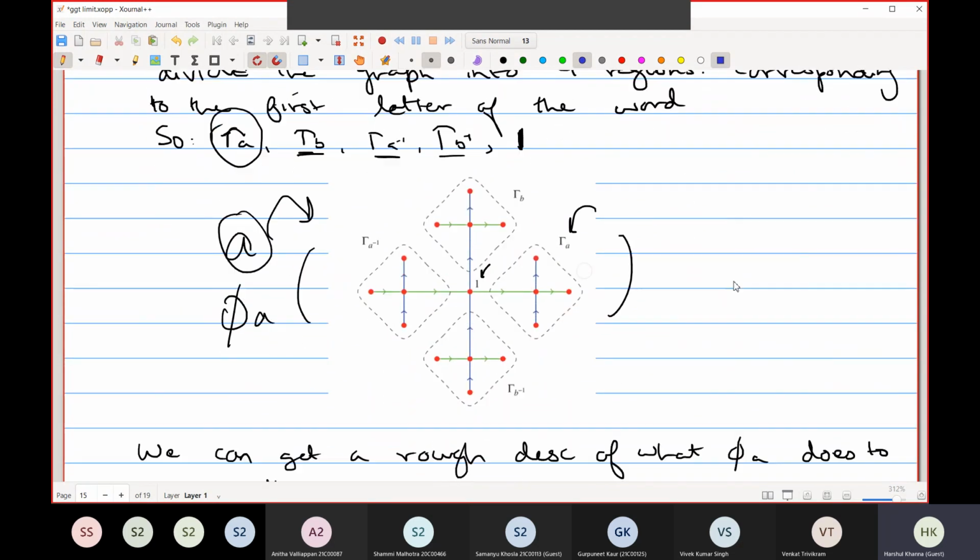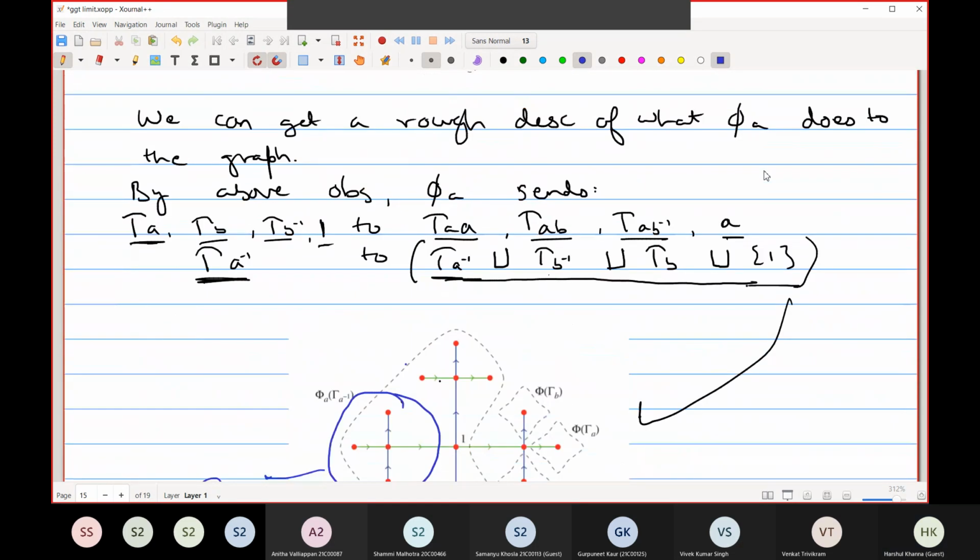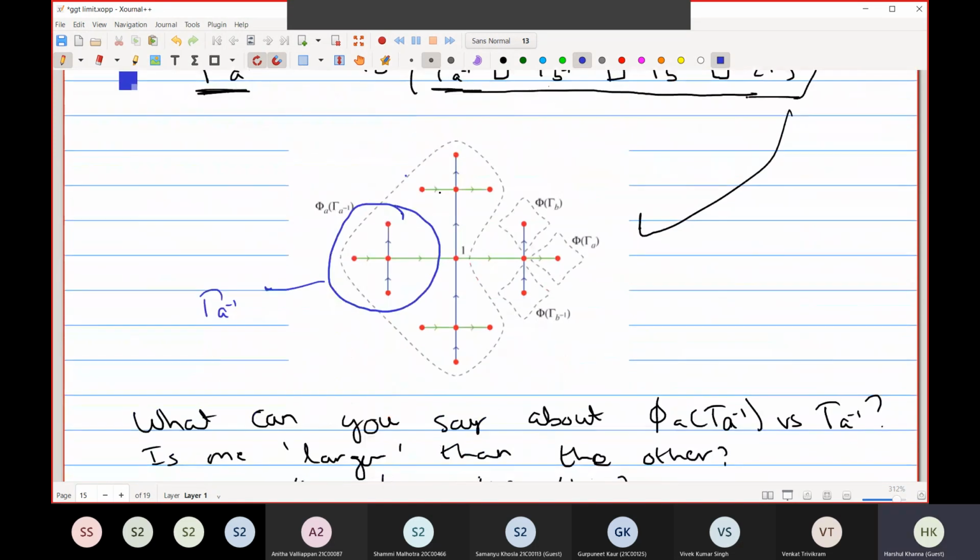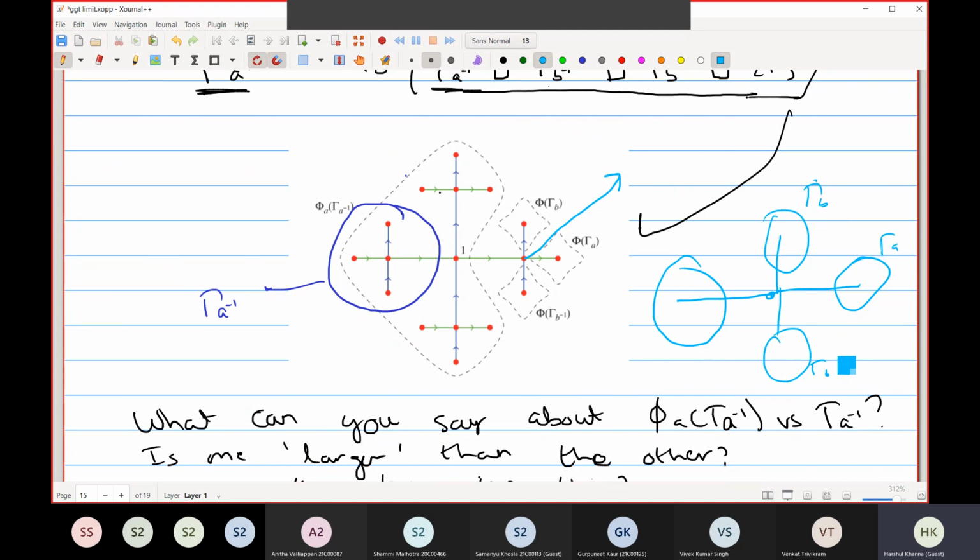At every point you can see that. Suppose I take the point of view from this vertex. Then from this vertex, this will be your phi A of TA inverse. This will be the image of TB, this will be the image of TA, and this will be the image of TB inverse. Basically this is a base vertex, and you have three vertices coming out from this region.